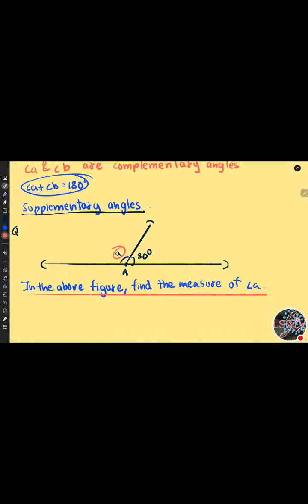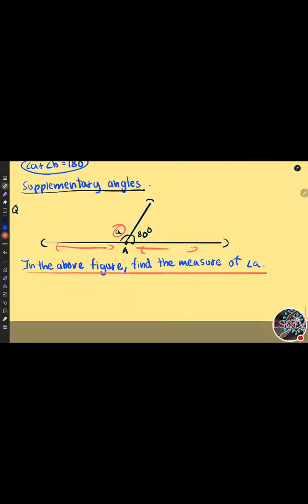See, two angles are lying on the straight line. So what does the linear pair property say?